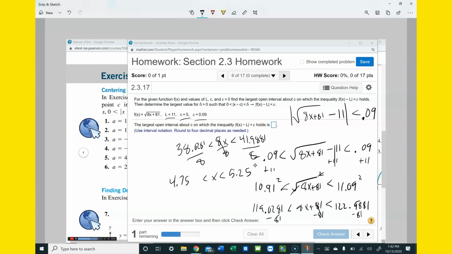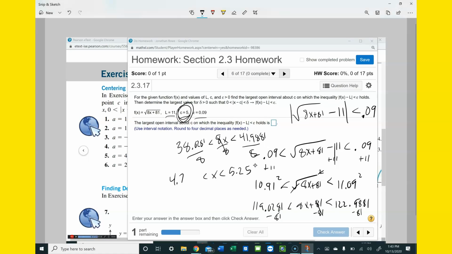So we now found our x, and we need to use the c. I think because they're both the same distance, I need to round this to a more precise number.